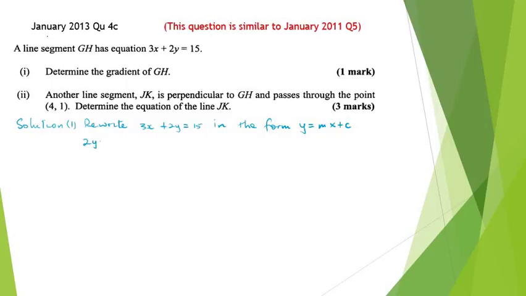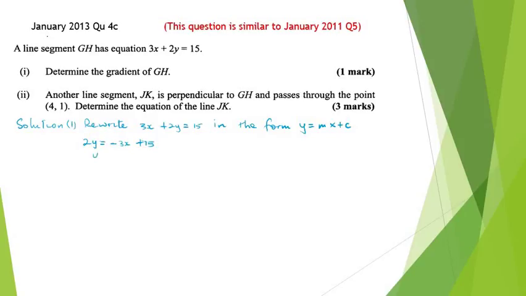So 2y is equal to negative 3x plus 15. I subtract 3x on the other side to make it 0. I wanted the form y equal to mx plus c, so 15 minus 3x is the same as minus 3x plus 15.